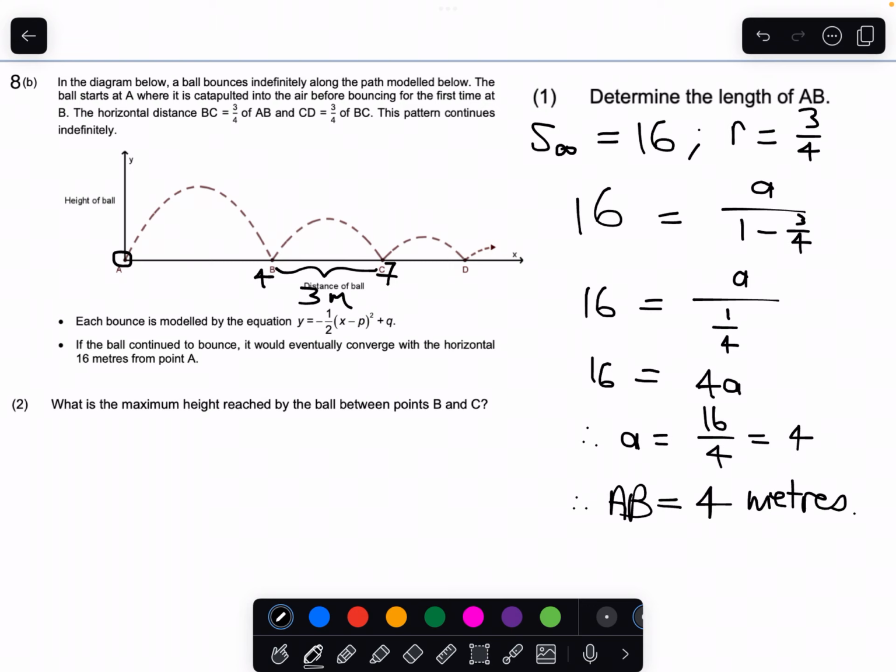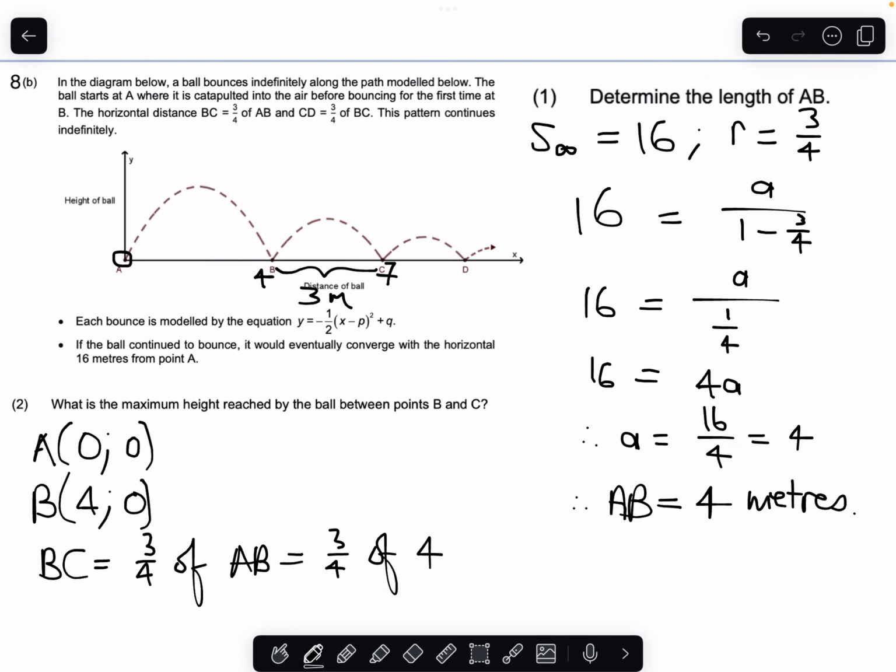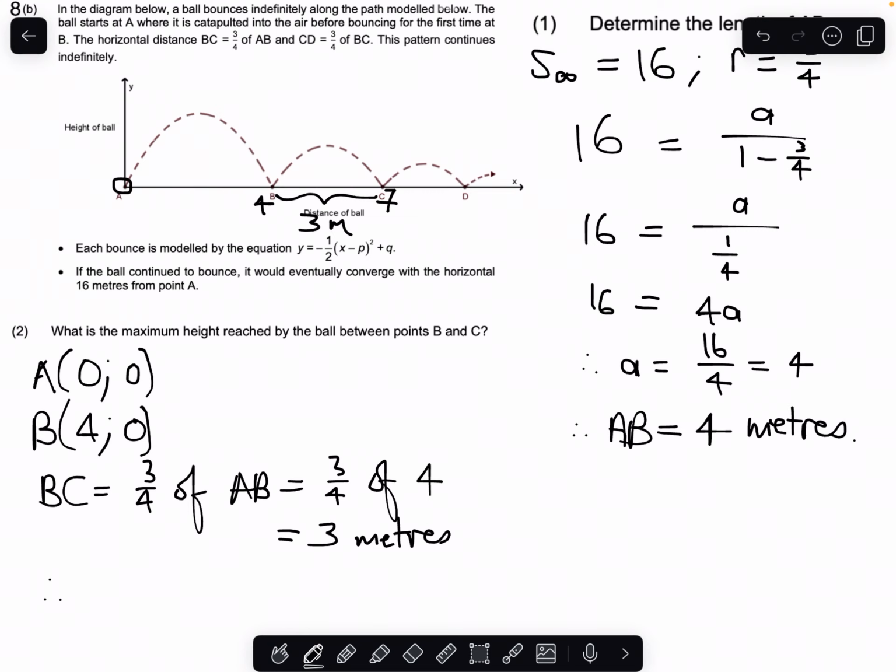Anyway, so let's write this all down. The coordinates of A are 0, 0. The coordinates of B are 4, 0. BC is 3/4 of AB, which is 3/4 of 4, and that is equal to 3 meters. And therefore the coordinates of C are going to be 4 plus 3, 0, which is 7 and 0.